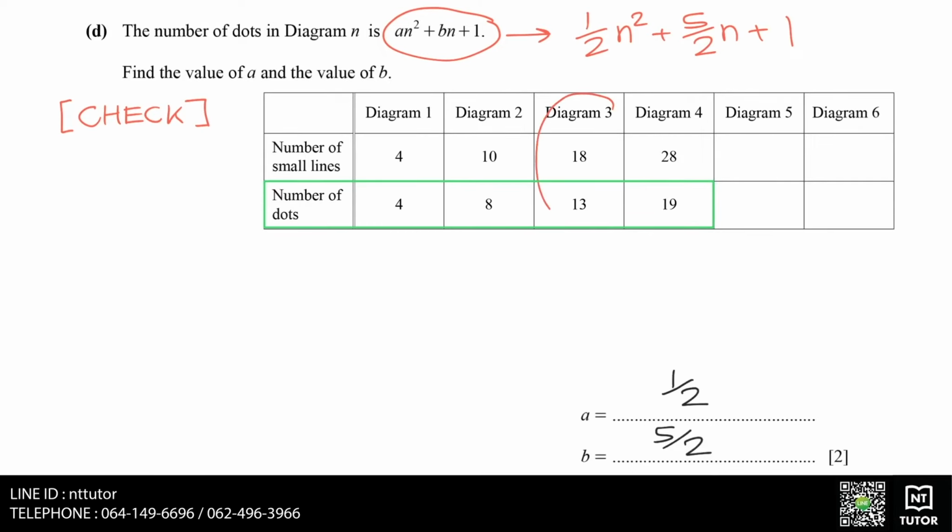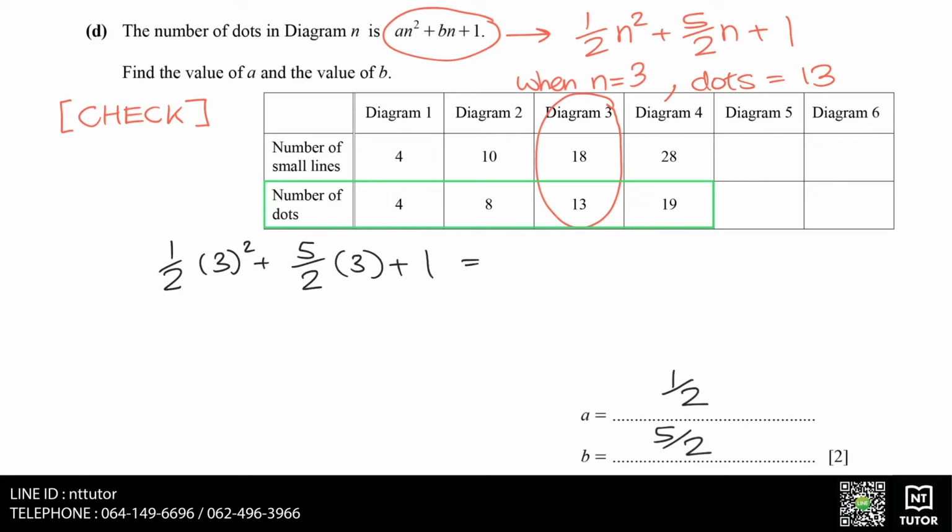And if you look at diagram 3, there are 13 dots in diagram 3. This means that when we substitute n equals 3 into the expression, we should get 13. And indeed, we do get 13. Therefore, our answer for a and b should be correct.